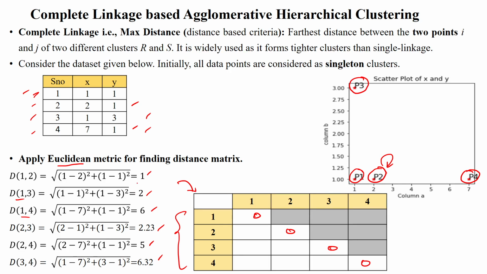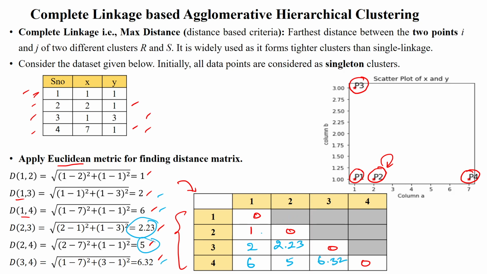Then the distance between 1 and 2 is 1, between 1 and 3 is 2, between 1 and 4 is 6, between 2 and 3 is 2.23, between 2 and 4 is 5, and between 3 and 4 is 6.32.